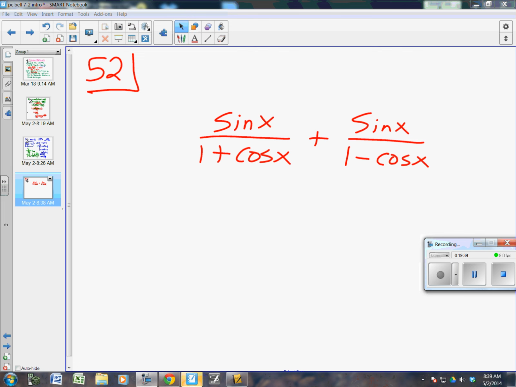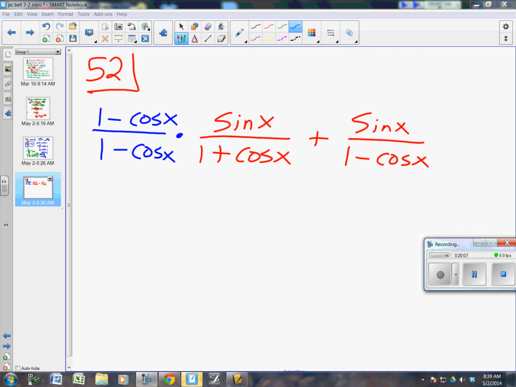It's not cosine. It's not 1. You have a 1 minus cosine x here and a 1 plus cosine x here, right? The common denominator is those 2 times together. So this side right here, I'm going to have to times by 1 minus cosine x, the top and bottom.